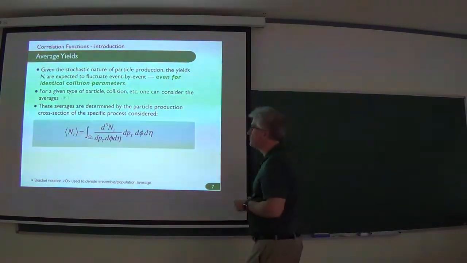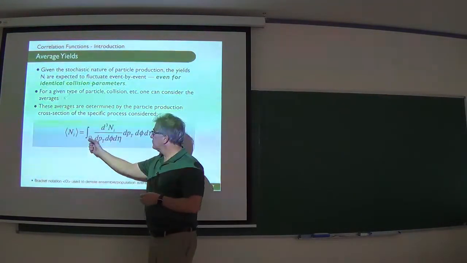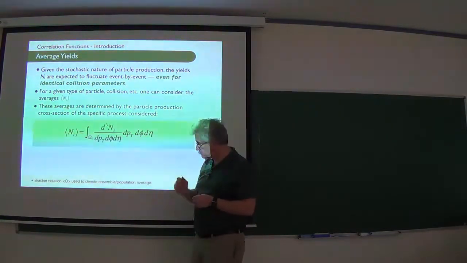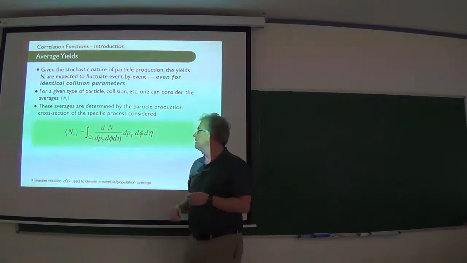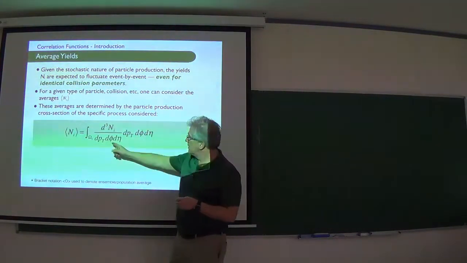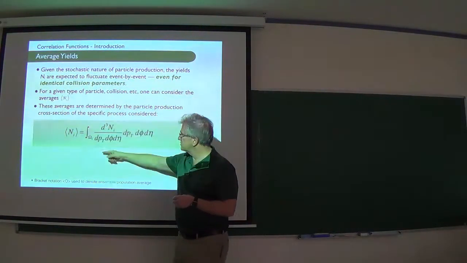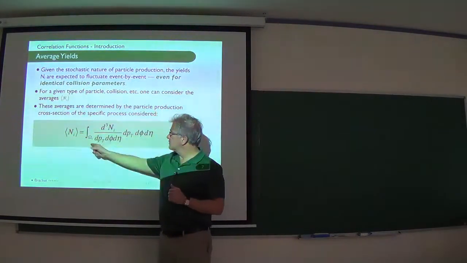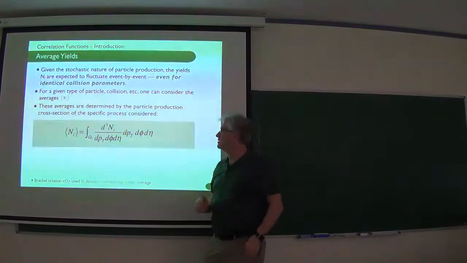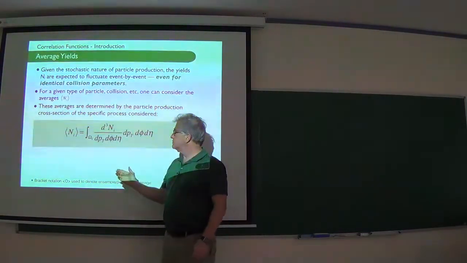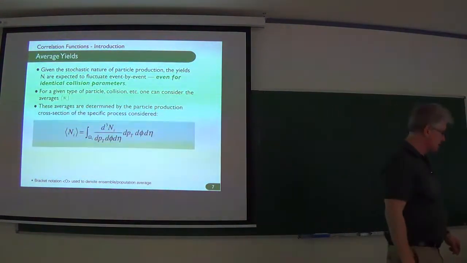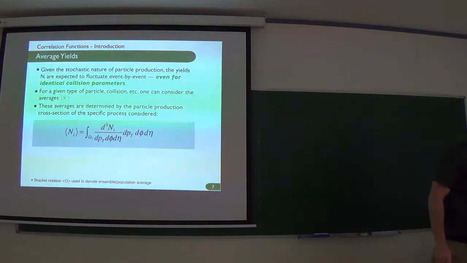It corresponds to the integral of the cross-section. So this is the cross-section in some general form. So this is the number of particles emitted as a function of pt, phi, and eta in the solid angle, and we integrate over the solid angle. And that gives us an average number of particles in that solid angle.